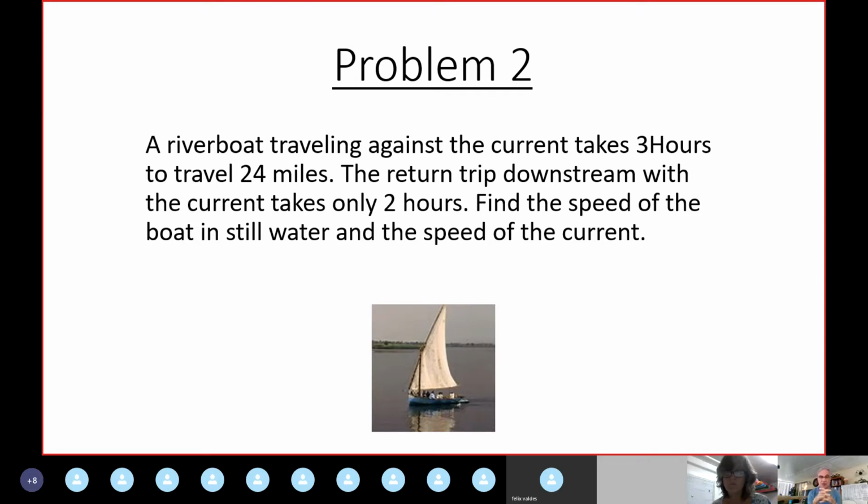But when you travel down the stream, the current is in your favor. Therefore, you go fast. And the same distance is 24 miles. You travel in only 2 hours. Find the speed of the boat in still water and the speed of the current. Super. Do you understand the problem?